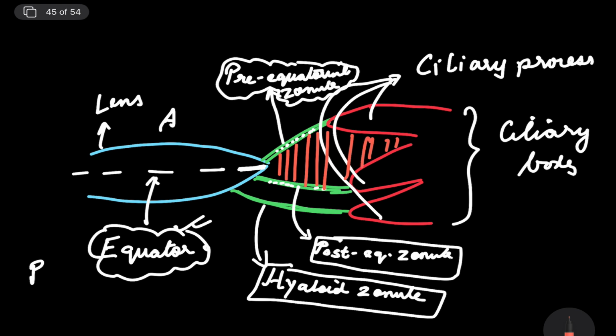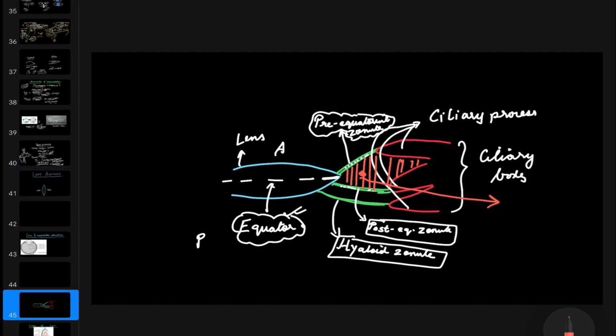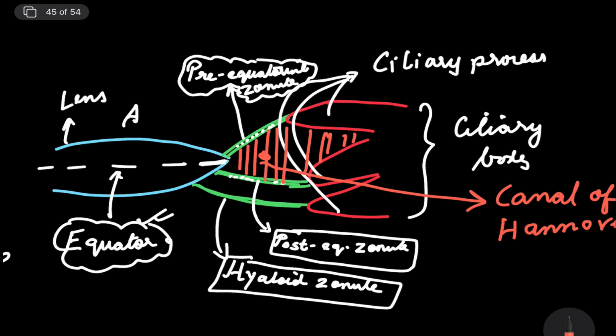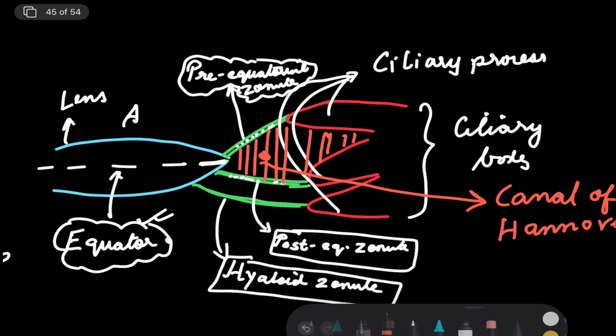That is in between the pre-equatorial and the post-equatorial zonule. This is known as the Canal of Hanover. The Canal of Hanover is the space between the pre and the post-equatorial zonule.